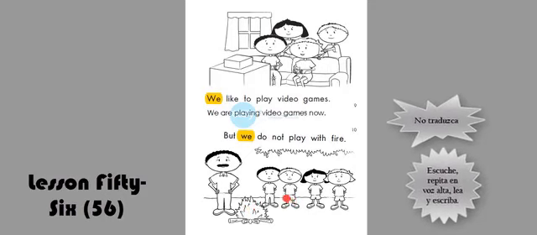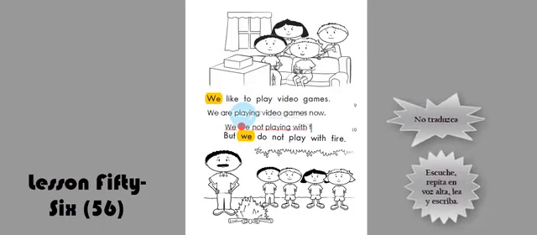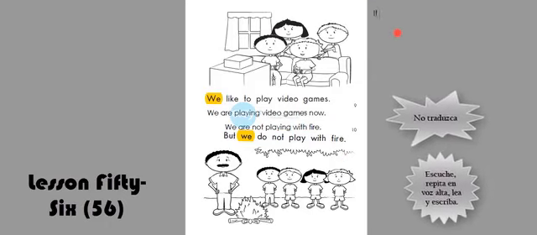In this picture, we can see that they are not playing with fire. So I can say, we are not playing with fire. It is dangerous to play with fire.